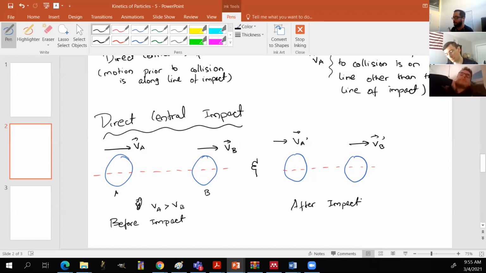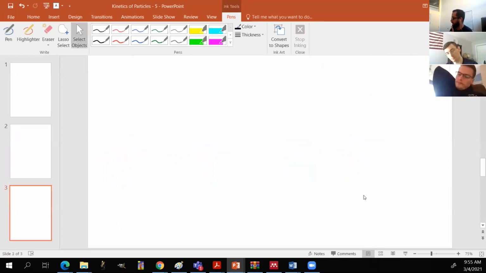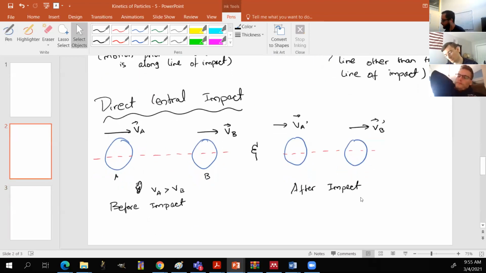All right, the first thing to note is, I didn't realize we were at the end of the page. The total momentum, total angular momentum along the line of impact, only along the line of impact.